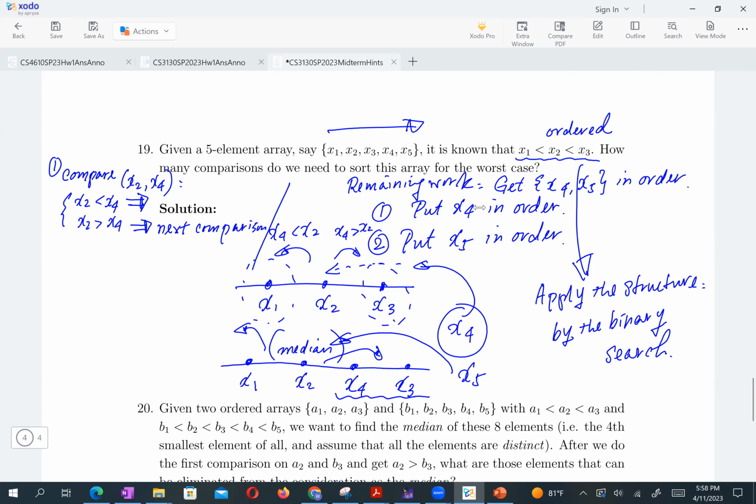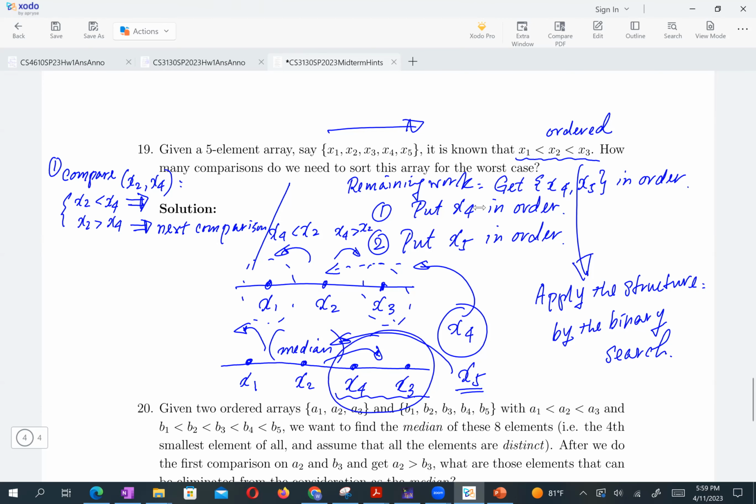Next, Maria's question: you want us to count or add every comparison that could be made with the remaining elements. Yes, but for the worst case. For example, regarding x5, you should look at this side for the worst case, right?